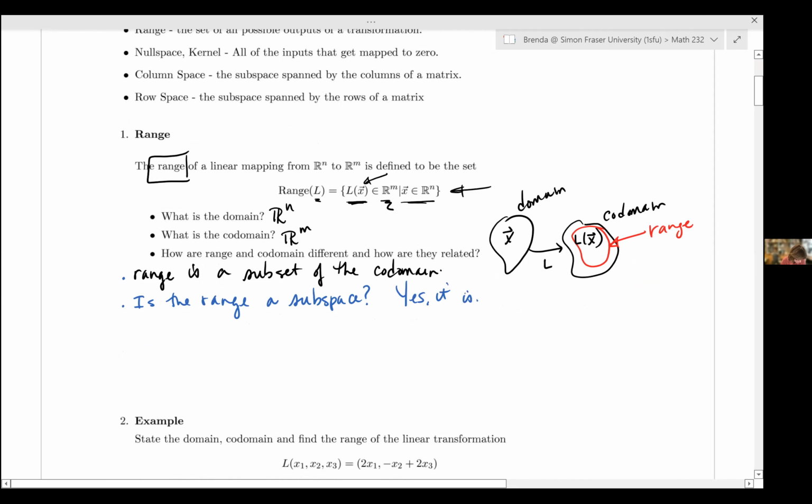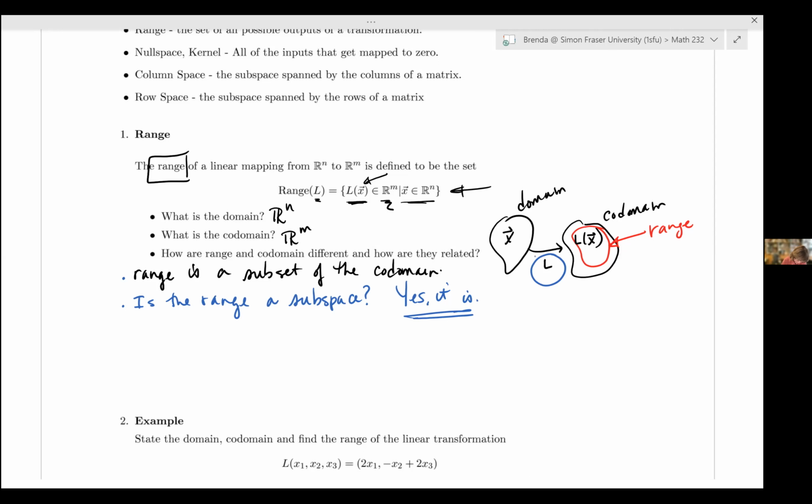I'm not providing a proof here, but the basic reason is that we are dealing with a linear transformation. Linear combinations of the input result in linear combinations of the output, and the fact that all linear combinations of the various outputs are in the range is what allows it to be a subspace.